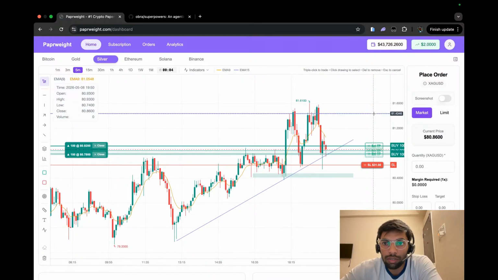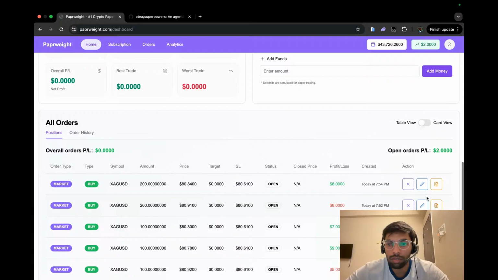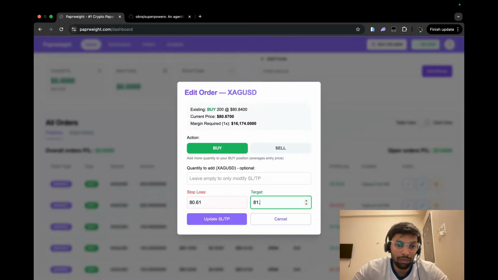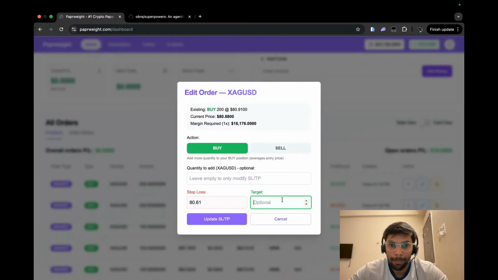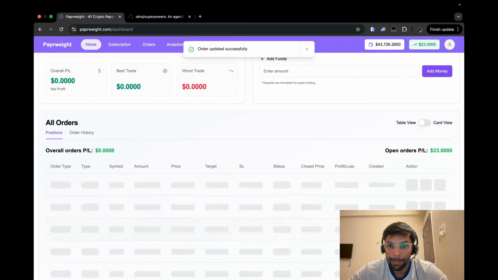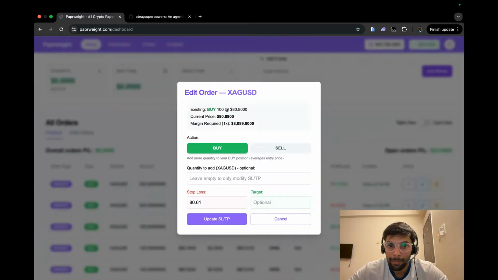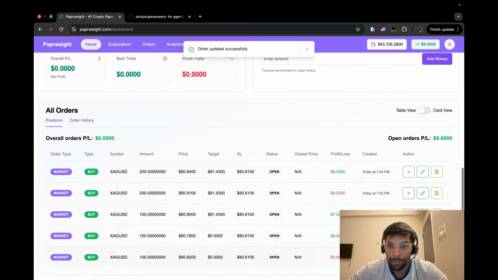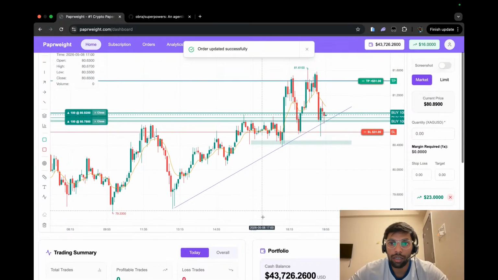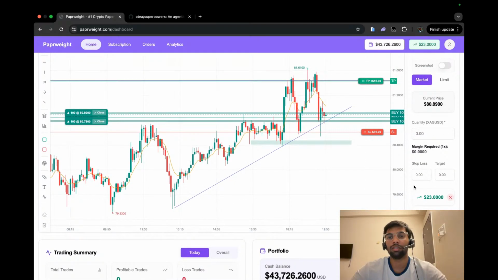So this is 8143. 81.43. So now target and stop loss are placed.